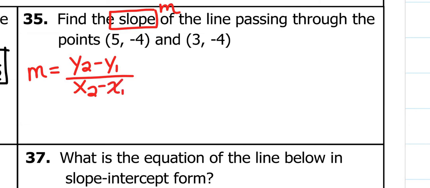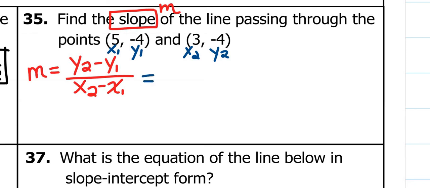Decide on your x1, y1 and your x2, y2. I'm just going to do it in order: x1, y1, x2, y2. Now, I hope you notice that your y values are actually the same. They're both -4. So let's see what effect that has on the slope.